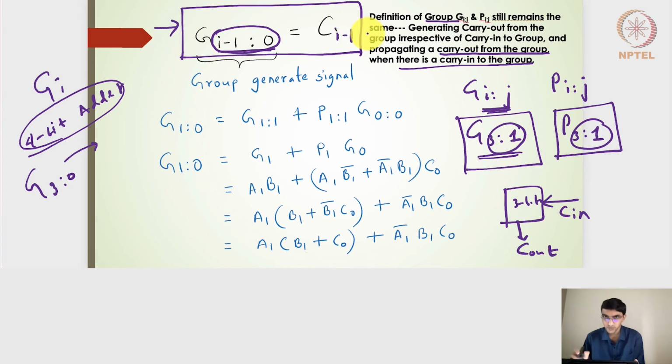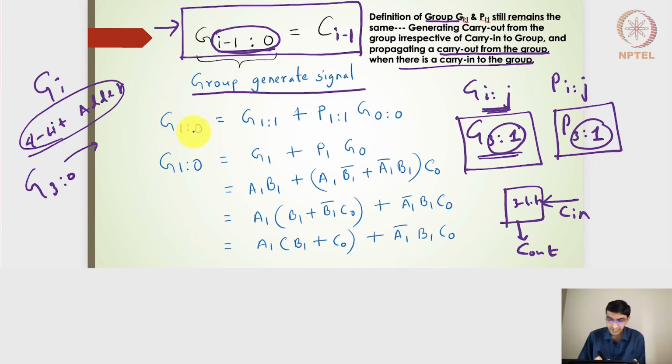It will also act as a carry input to the ith bit addition. This is how the group-wise generate signal is defined. Now let's take a look at whether it really makes any sense here.